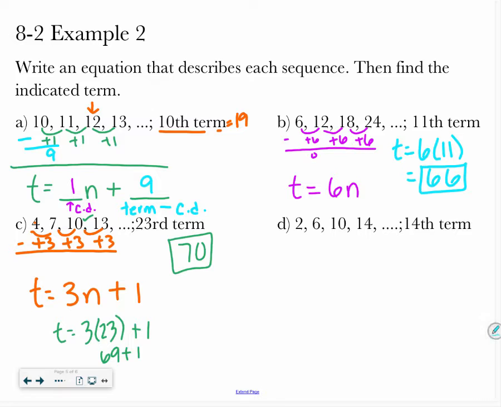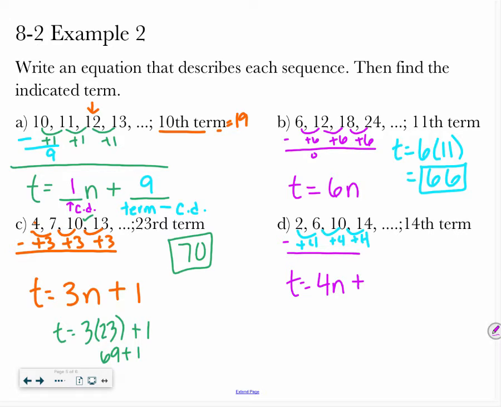And my last one, let's try to figure out. We have 2, 6. I'm adding 4, 6 to 10. I'm adding 4, 10 to 14. I'm adding 4. So again, I'm going to say I have t equals my common difference, 4n. Now, I have 2 minus 4.